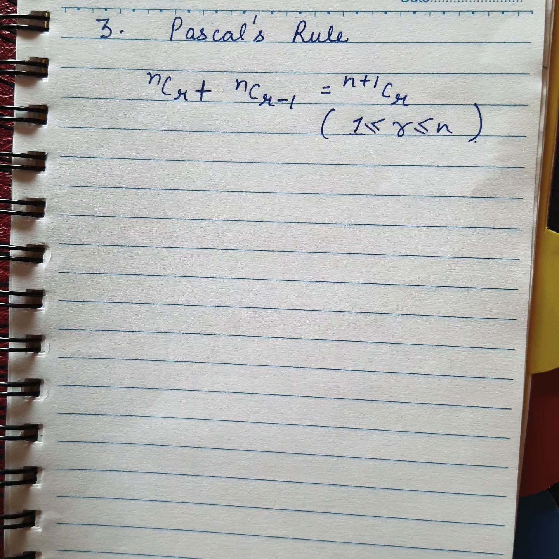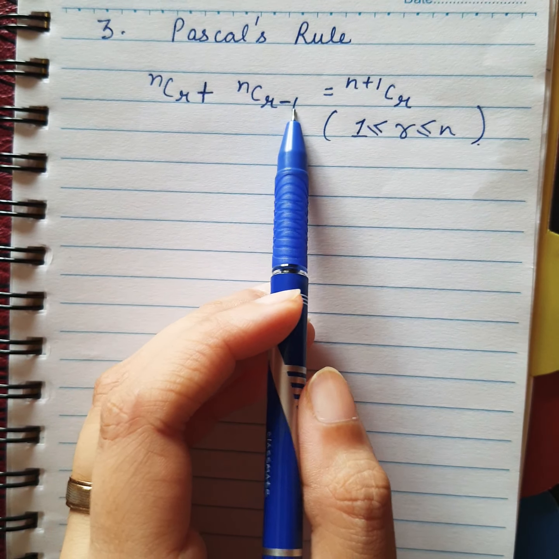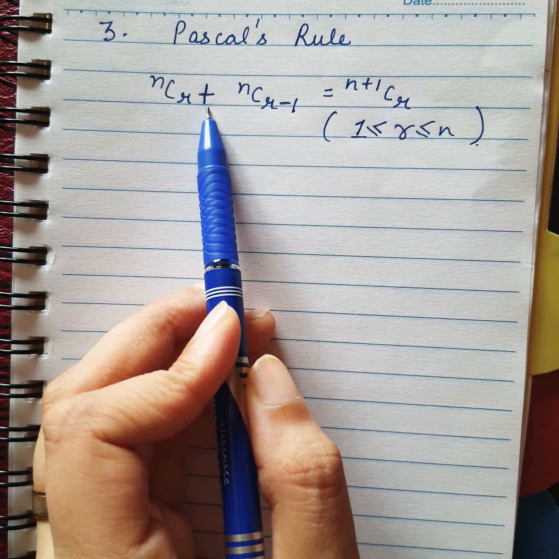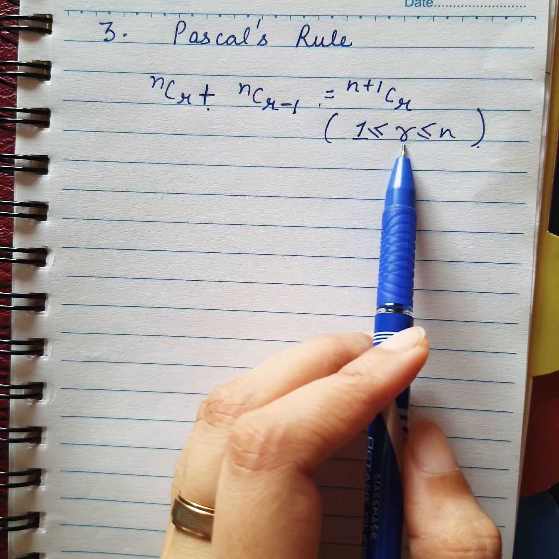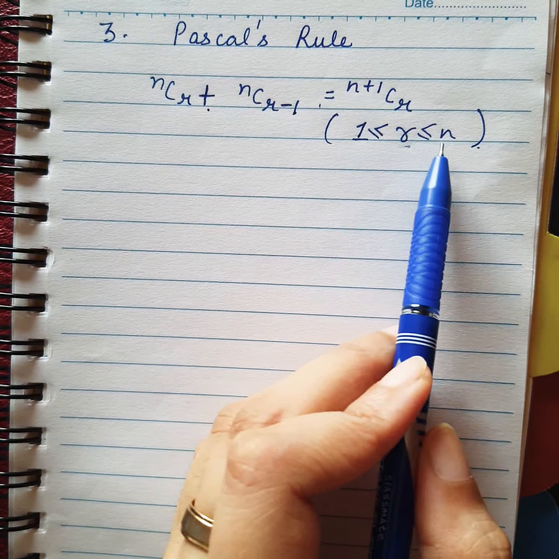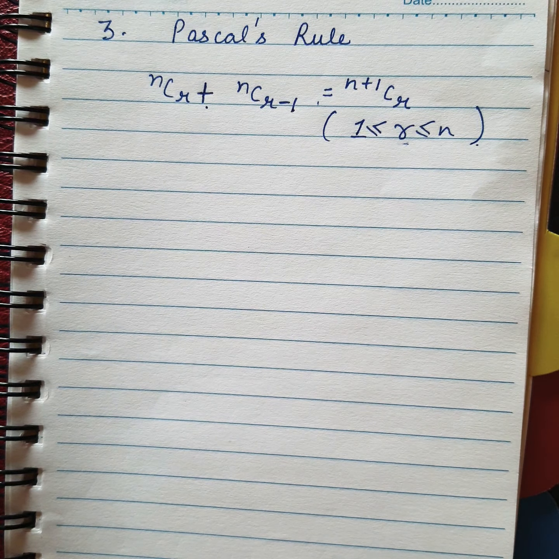The third property is actually a very important formula, which is also known as Pascal's rule. nCr and nC(r minus 1), the sum will be (n plus 1)Cr, and r will always lie between 1 and n. This you need to remember because proofs are not in the syllabus.